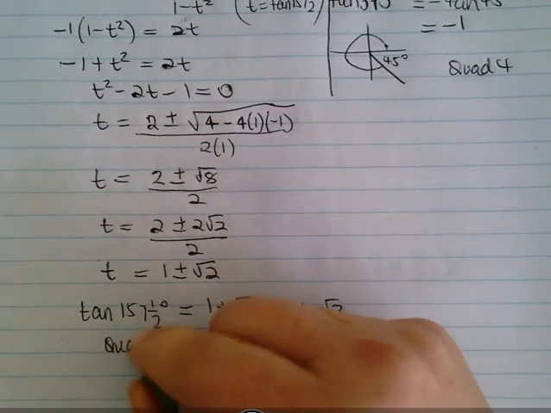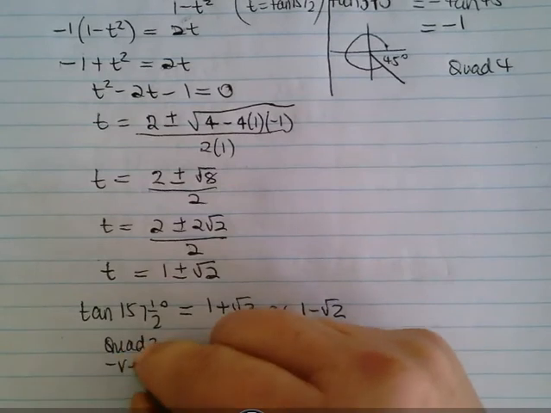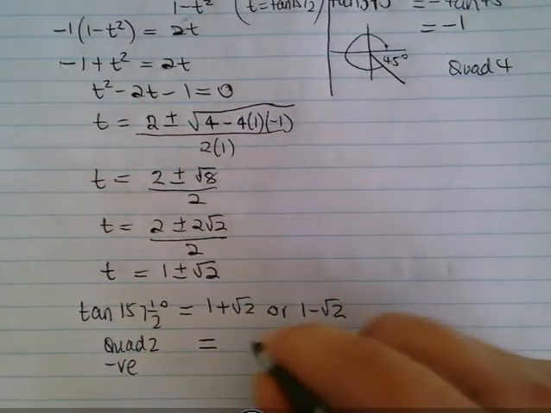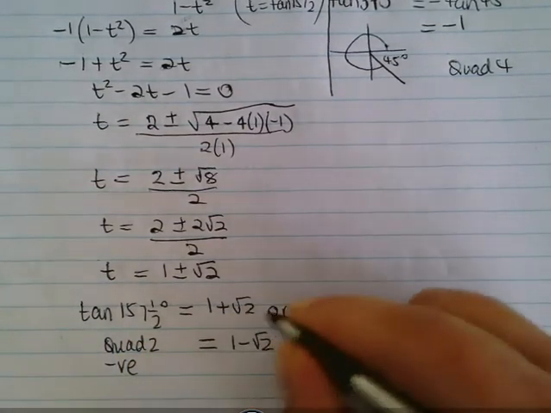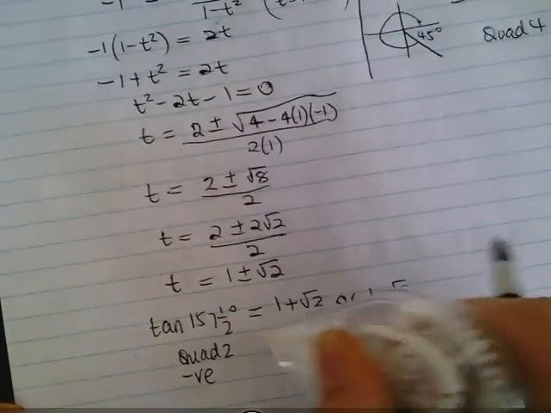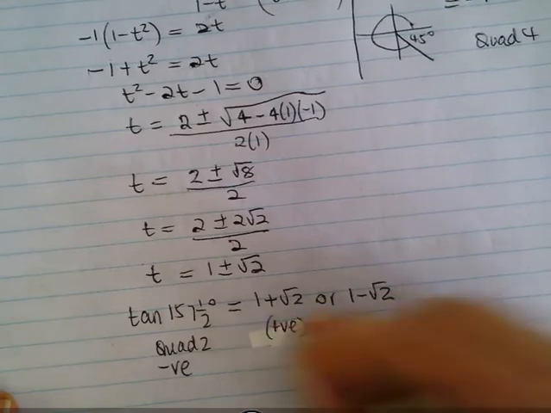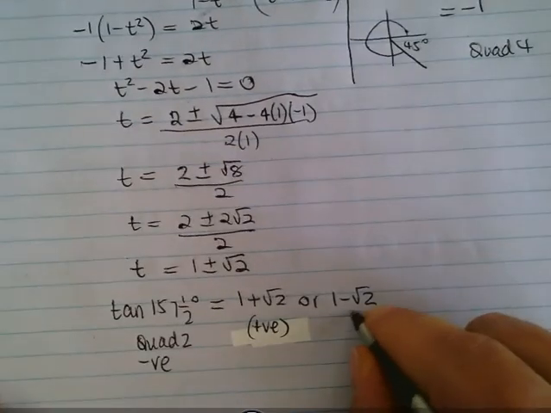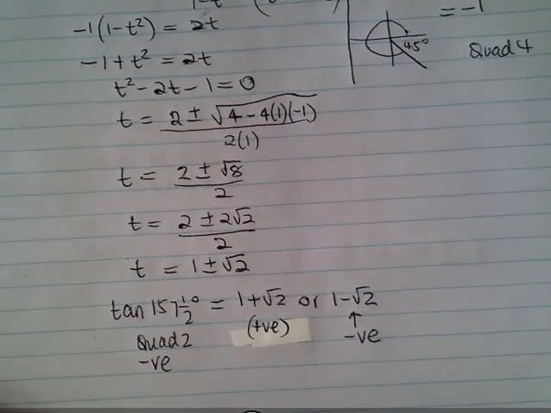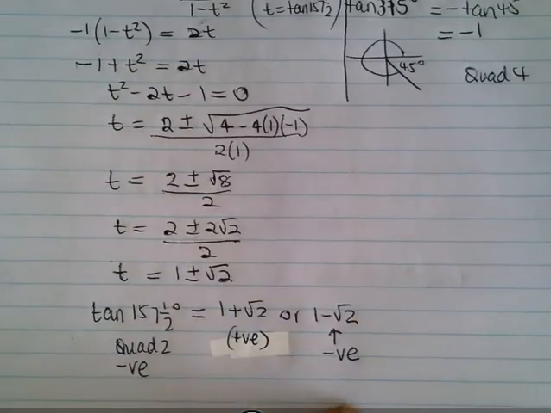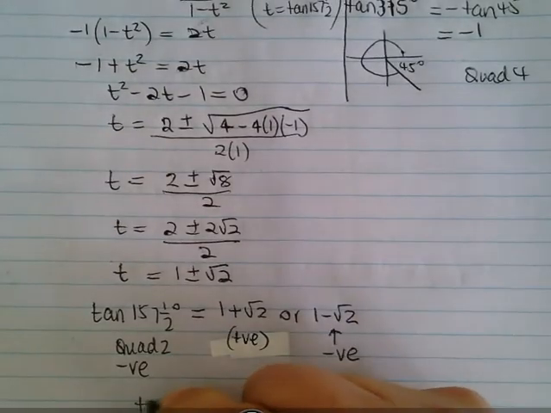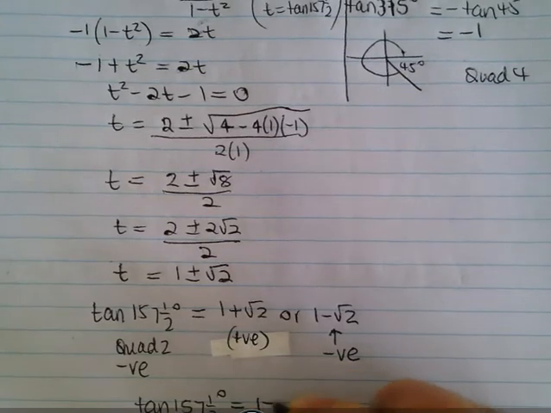This is in quadrant 2, so it's negative. So therefore, it's equal to 1 minus root 2. This one is definitely positive, that's not my answer. This is negative. So therefore, the tan of 157.5 degrees is 1 minus root 2.